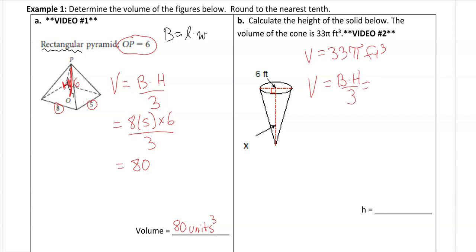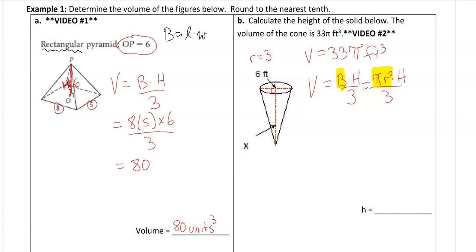And the base here is a circle, so that's going to be pi r squared. I'll highlight those so you can see that I replaced the B with pi r squared, times h, divided by 3. And since the diameter is 6, I know that the radius is 3.